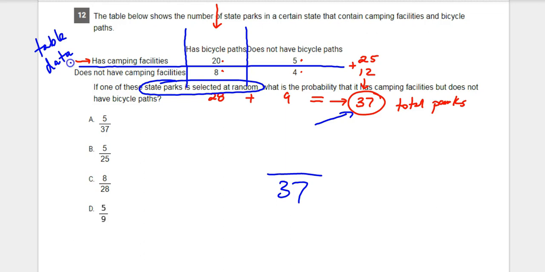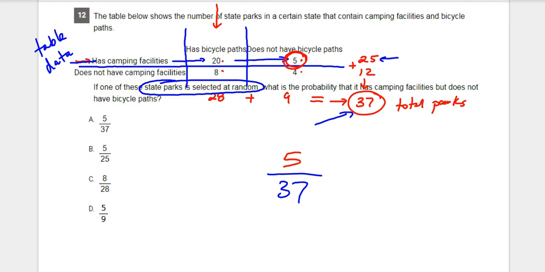So this is my has camping row right here. So those 25, but does not have bicycle path. So according to the chart, the number that has camping is the top row, not bicycle is the second column. So right here is the one that fits the bill for that. So 5 out of the 37.